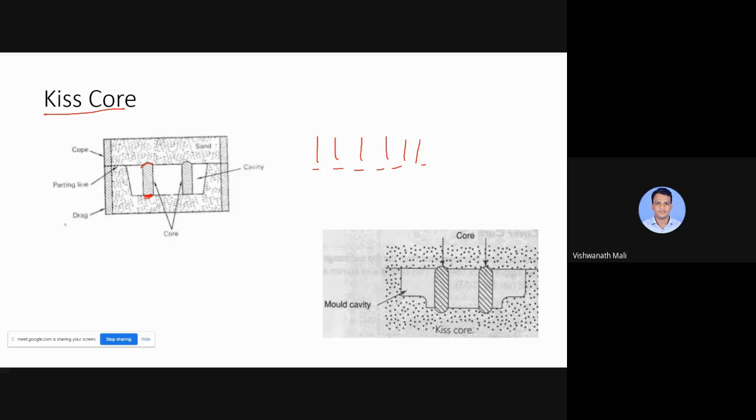In the second example, you can see we want to produce these holes. Here 2 holes are shown, but we can produce n number of holes. What we are doing is just supporting these cores with the help of the surface of the cope and drag. They are just touching the surface. That's why it is called kiss core.